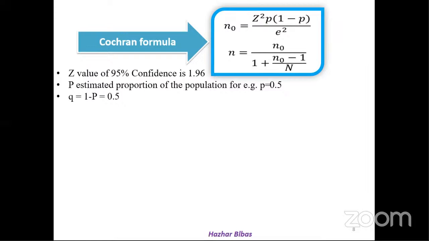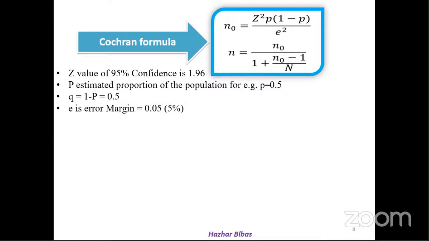You're just going to focus on who has it, who uses the smartphone. If you couldn't find it, you can use 0.5, which means 50%. Even if you couldn't find it in your previous research or any related work that was done before you, or it's not easy to find in your population, you can use 50%.